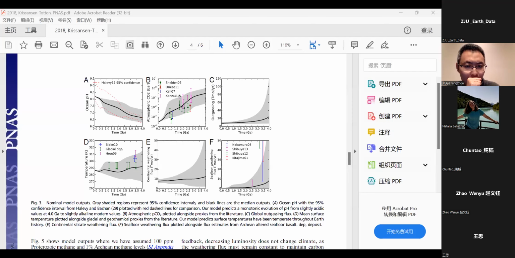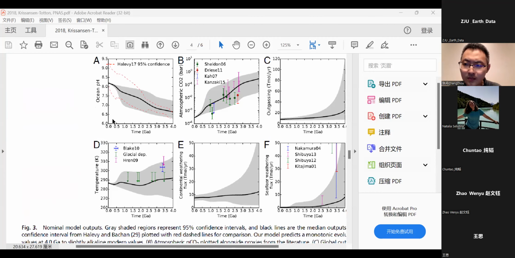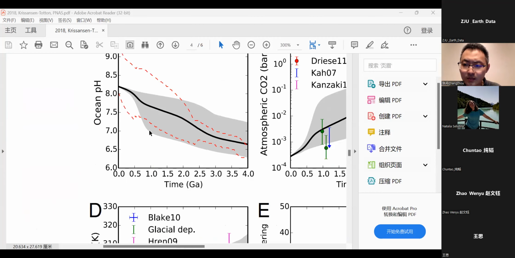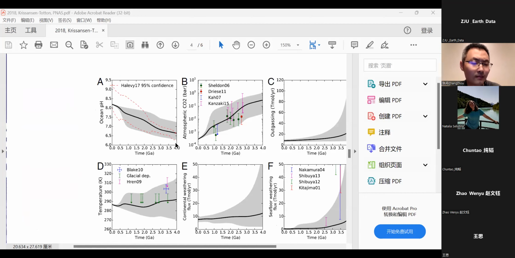Okay, you can see this is the ocean temperature here, maybe lower in the past.